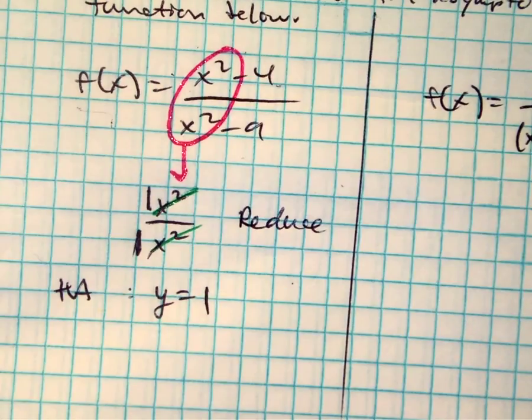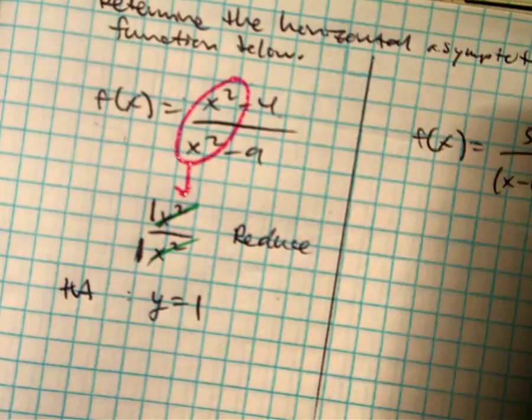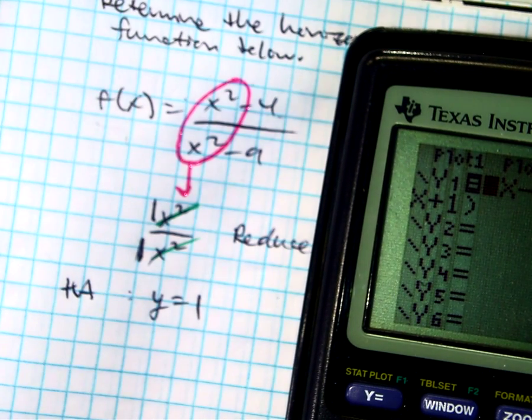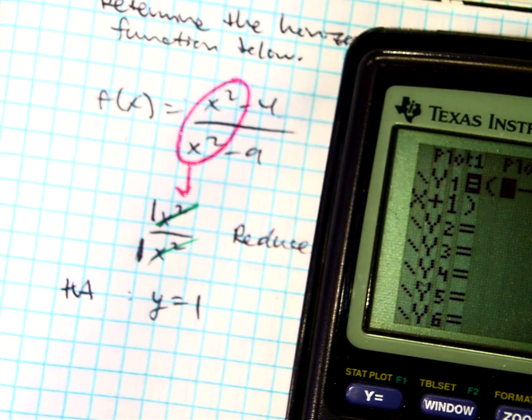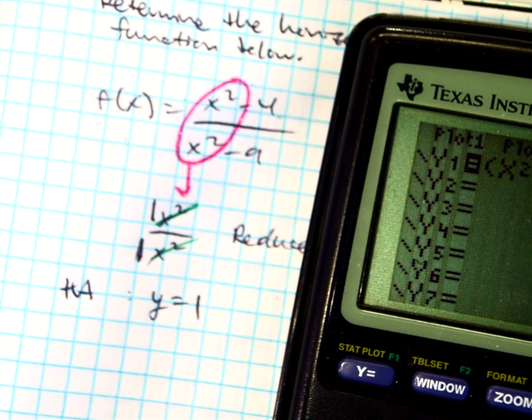Okay? Let's go ahead and take out your calculators and make a quick sketch of that. Go to y equals. Remember, when you have a rational function, basically a fraction there, you're going to start with parentheses. So parentheses x squared minus 4. And then I'm going to have x squared minus 9.